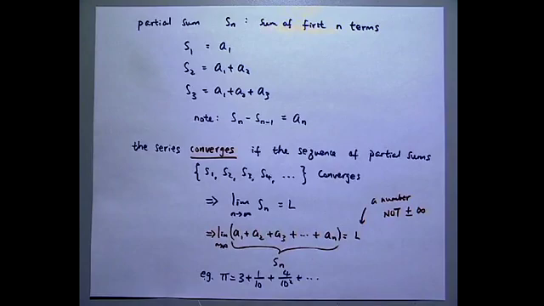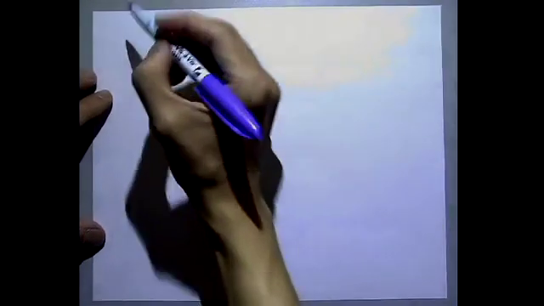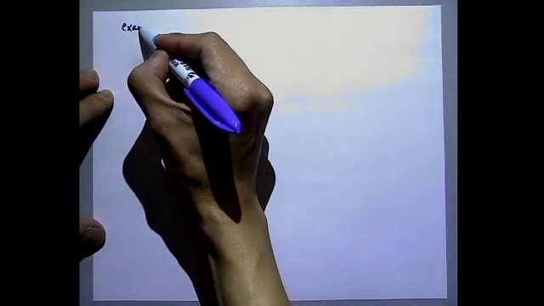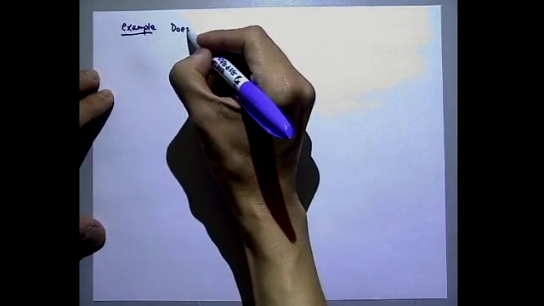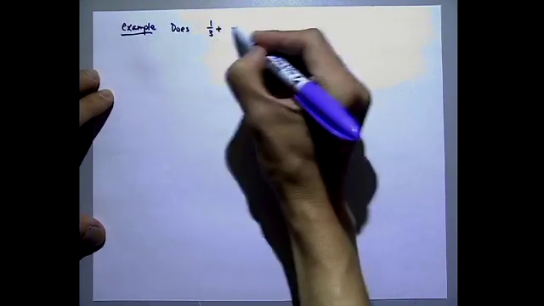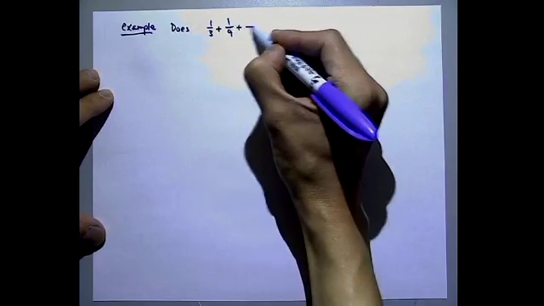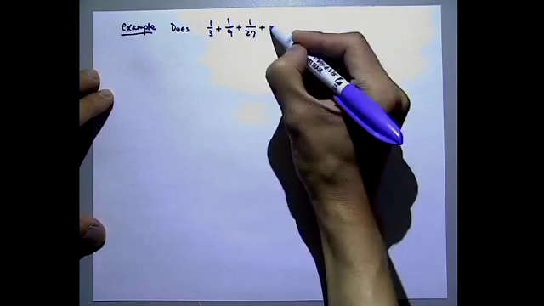So that's the simplest way to see if a series converges: to study the behavior of the sequence of partial sums. Let's look at one example I showed you earlier. That series we saw earlier.